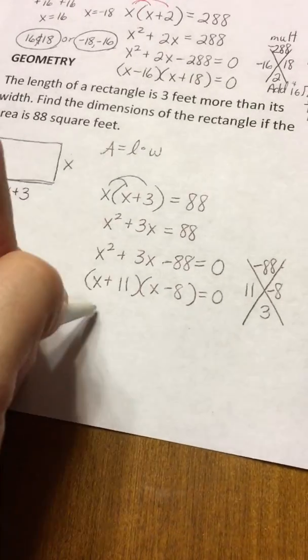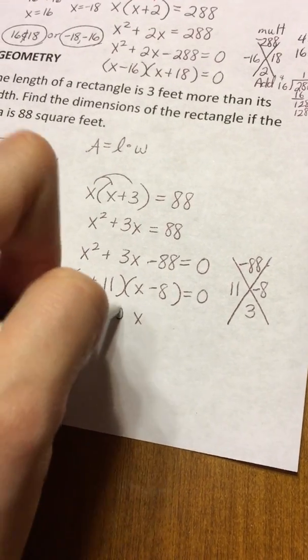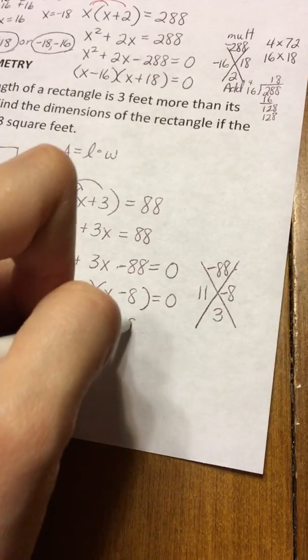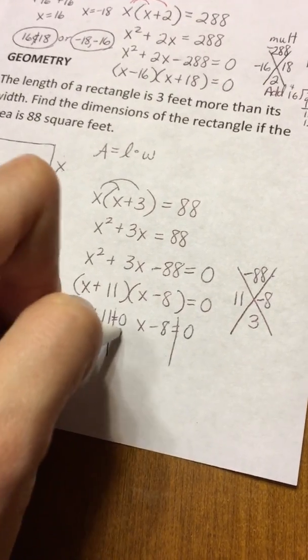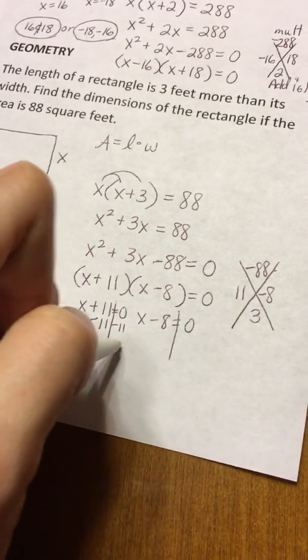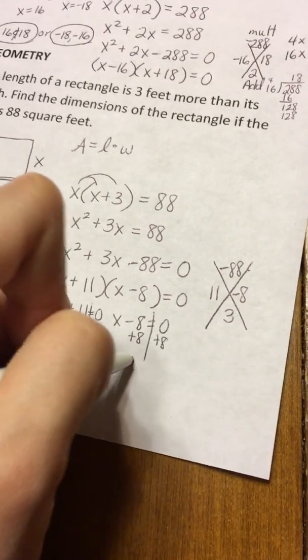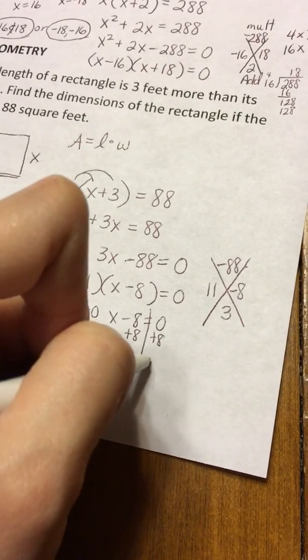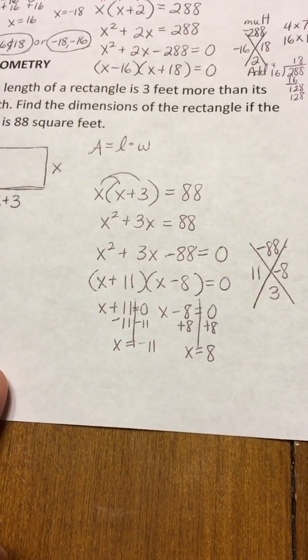And then we could set those equal to 0 to get the final answers. So x plus 11 equals 0 and x minus 8 equals 0. This one you'd subtract 11, x equals negative 11, and this one here you would add 8, so x equals 8. So our answers are negative 11 and 8.